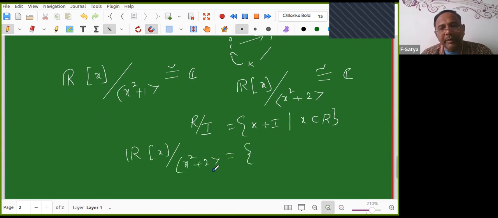They are again polynomials, but I am quotienting here. R[x] has an indeterminate, meaning x is free; it does not satisfy any relation. But this is equal to A0 plus A1x, where A0, A1 belong to R, loosely speaking, because now we are quotienting. Whatever polynomial you take here, I am dividing it with some conditions.